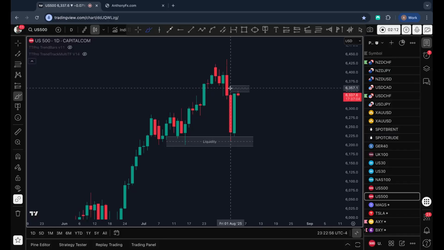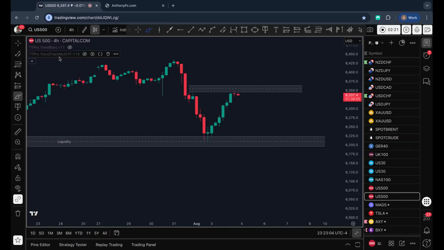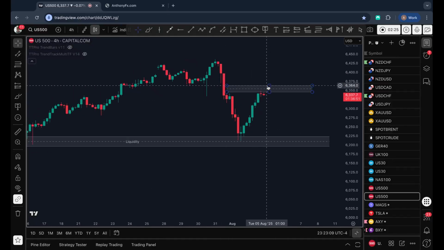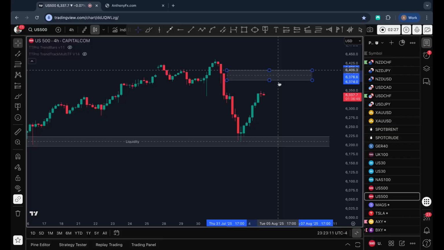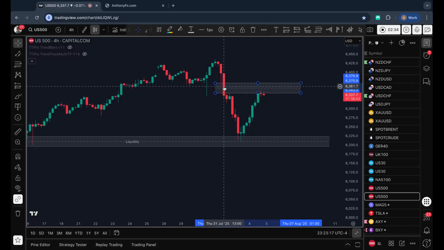Given that there's liquidity above and it's chewing into it, what makes sense is a pullback. So let's just go down to the 4H. A couple of things about it. There is a liquidity pool above here, but more importantly, see this thin red candle here?